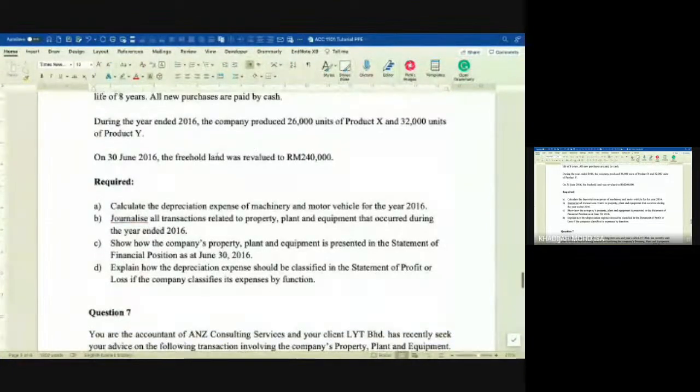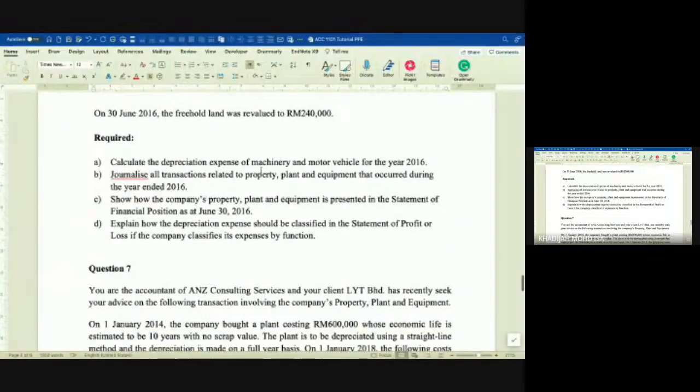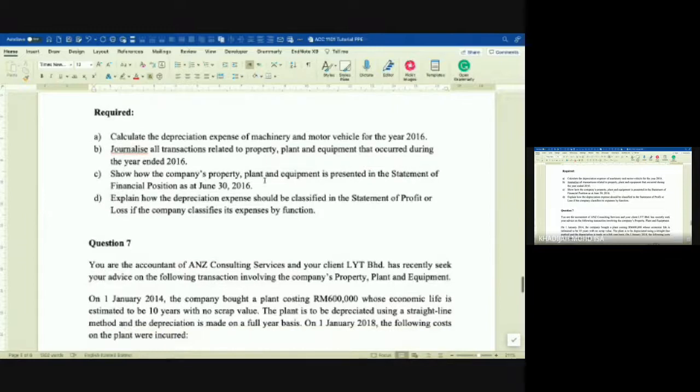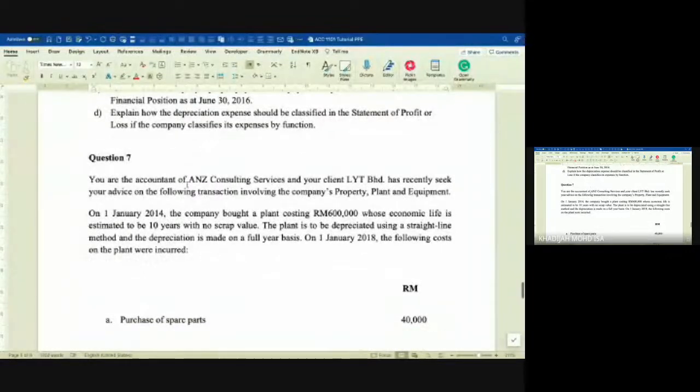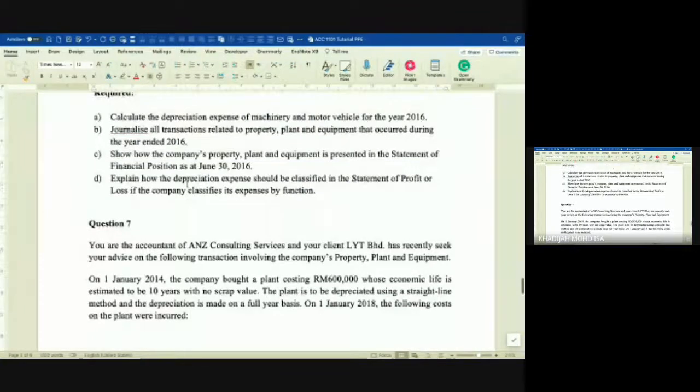Okay, ada revaluation again, 240,000. Calculate depreciation, journalize transaction, show PPE presented in your financial position. Explain how depreciation expense should be classified in the statement of profit or loss. Explain how depreciation should be classified in the statement of profit or loss if the company classified expense by function. So that's what we have just now lah.